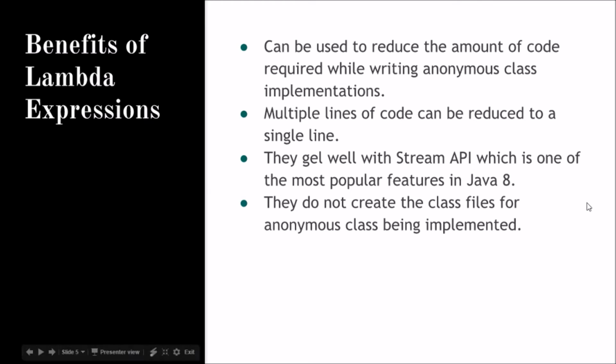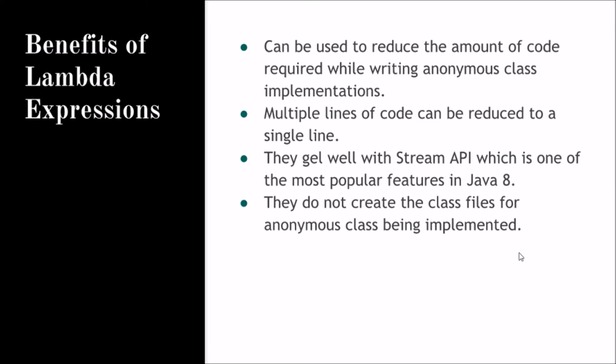But if you use a Lambda expression to represent the anonymous class implementation, Java 8 does not create the anonymous class files in the JVM. That is also one of the major enhancements done in Java 8 compared to other languages which implement Lambda expressions.